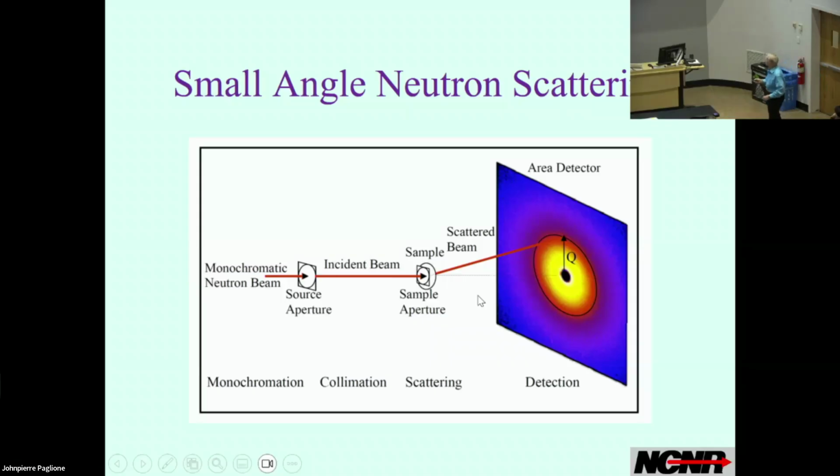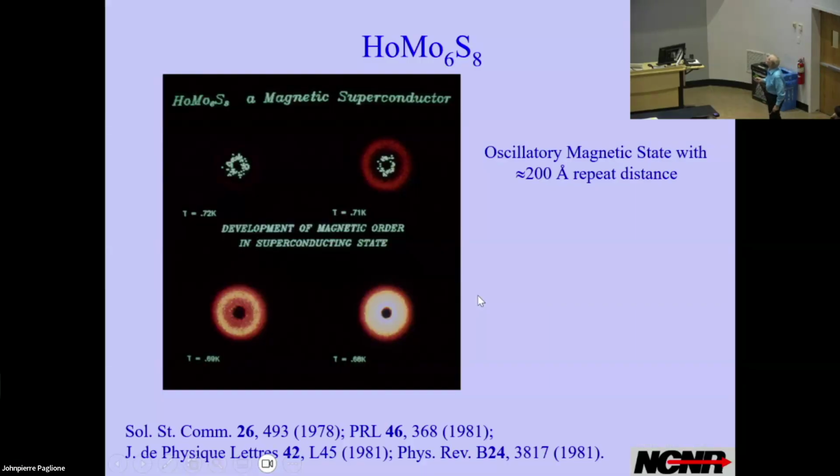And what does the scattering look like for holmium nickel boron carbide sulfide? So if you look very carefully here, you'll see there's a little bit of a ring of scattering. This is at 0.72 degrees. It orders just at like 0.73. And you cool down a little bit more and you see a nice ring of scatter.